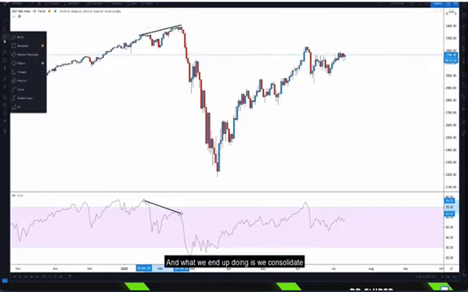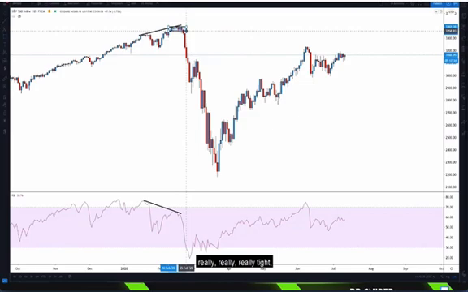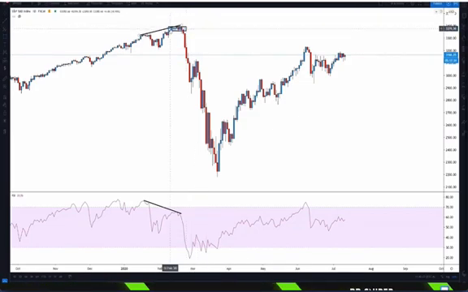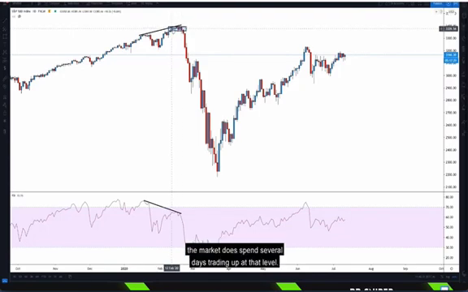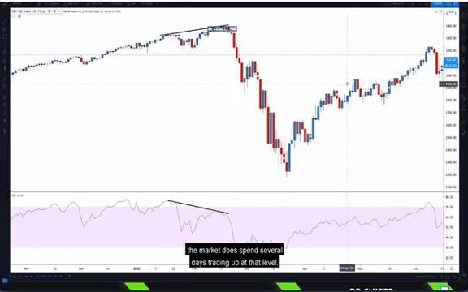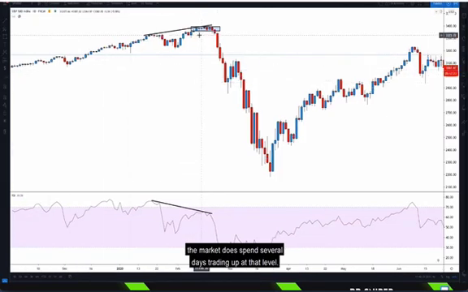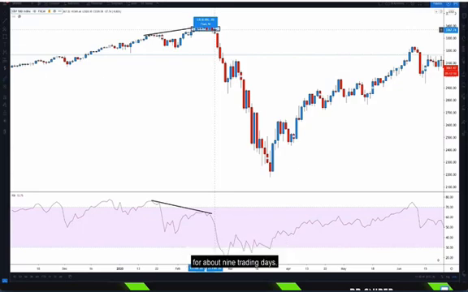And what we end up doing is we consolidate really tight right near that 3,400 whole level. While this is happening, the market does spend several days trading up at that level. We can do a quick measurement and see that we were up there for about 9 trading days.